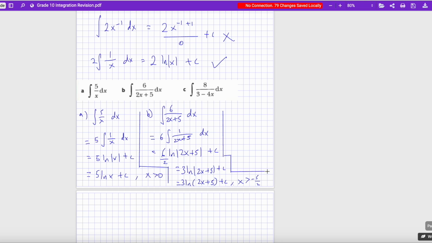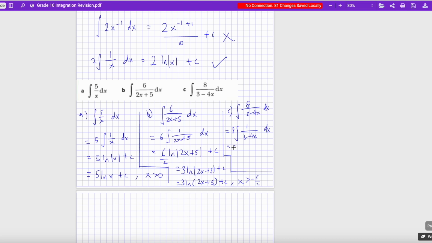You can pause the video now if you want to try part C. All right, let's see part C. We're going to integrate 8 over 3 minus 4x dx. So factor out the 8, so you have 1 over 3 minus 4x dx.